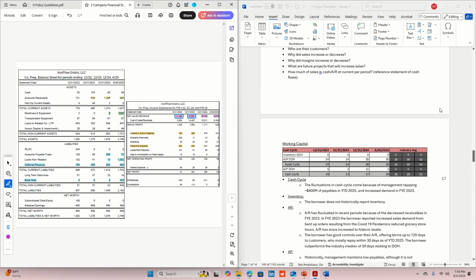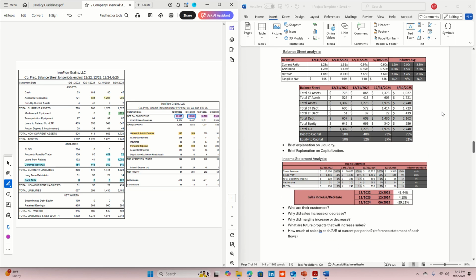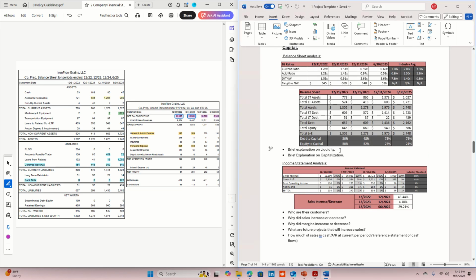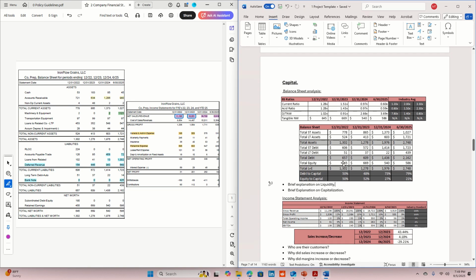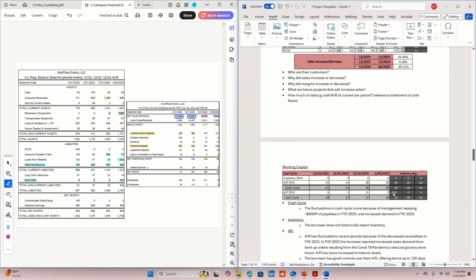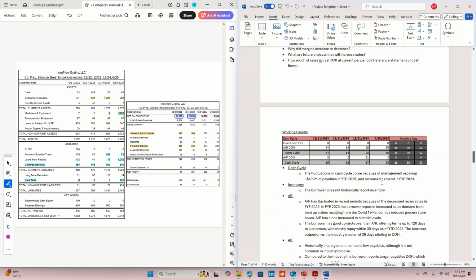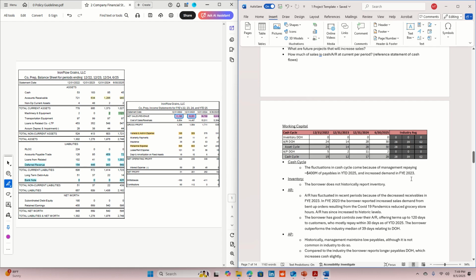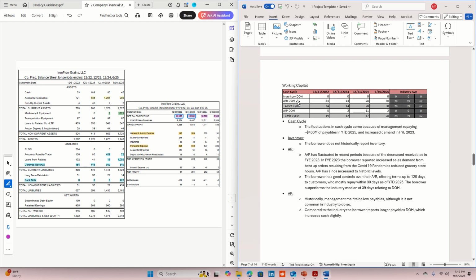If it doesn't, try to make sense of it. It's a hard concept to wrap your head around, I know. You have to wrap your head around what's happening here. If receivables go up, that's not in management's control. It means that their customers are paying slower.